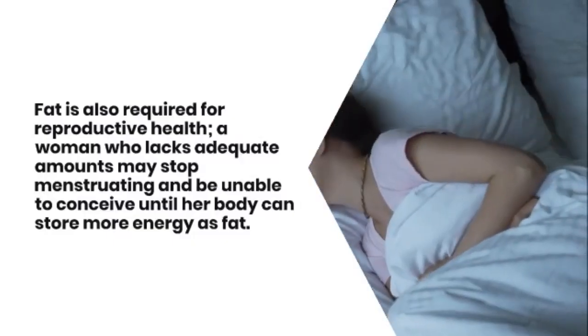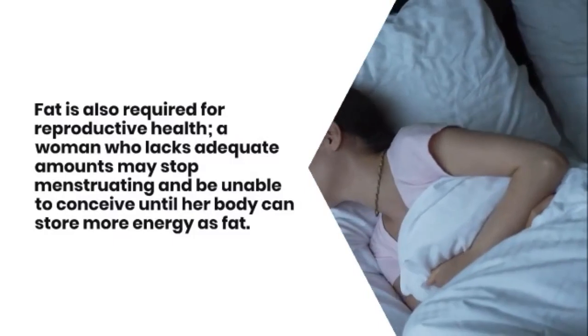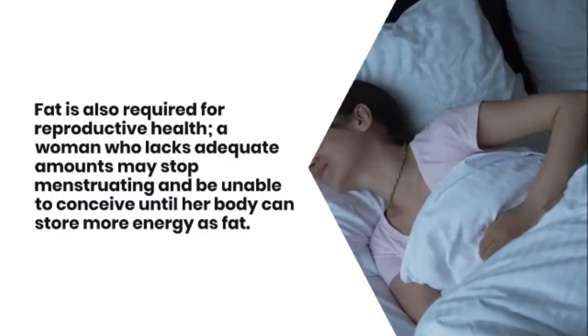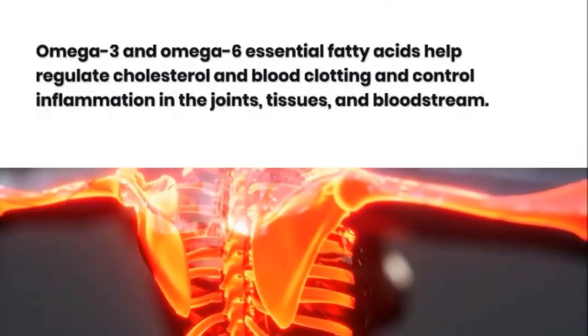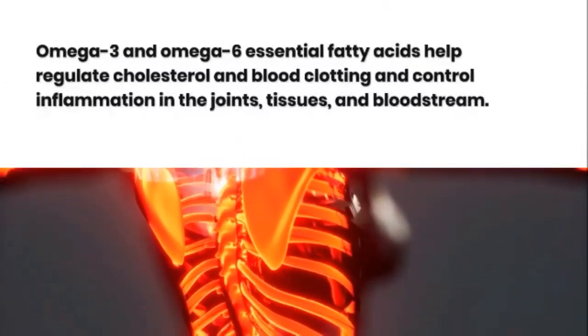When you have enough fat, it helps regulate respiration and also perception. It also helps signal to your brain, and it helps regulate your appetite also. We also talked about omega-3 and omega-6 fatty acids.